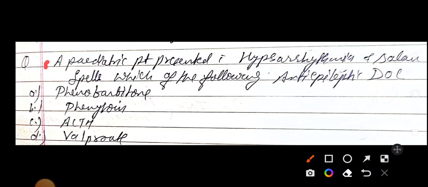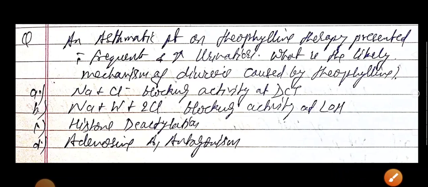Here this is a case of infantile spasm. So the MCQ options are phenobarbital, phenytoin, ACTH, valproate. So guys, here the answer is ACTH. In infantile spasm, the drug of choice is ACTH, then vigabatrin, prednisolone, or vitamin B6 we can use. And second line is benzodiazepine, valproate, lamotrigine, topiramate, zonisamide, levetiracetam also used as second line.